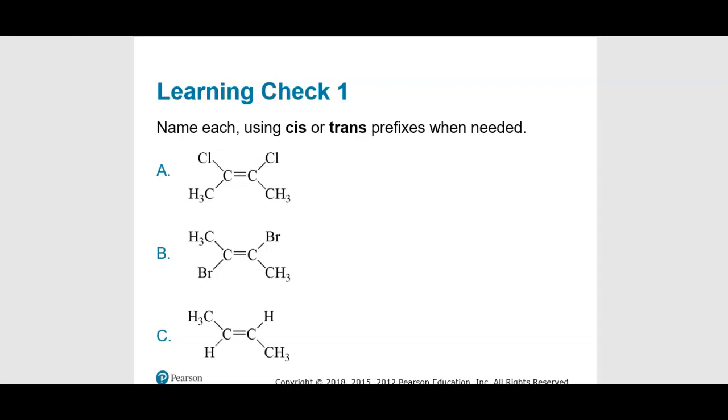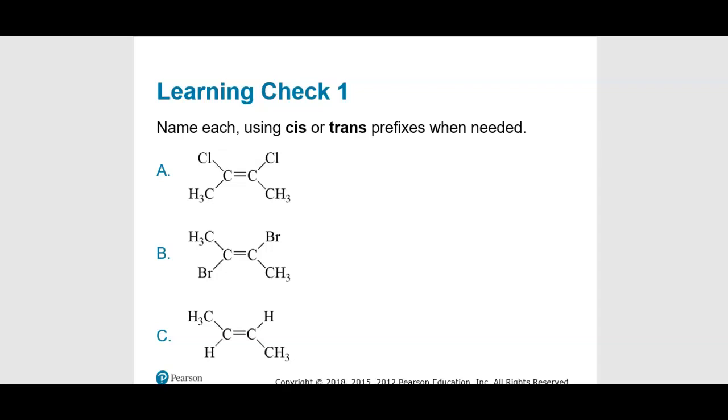So, how are we going to name these things? Well, I hope you can see that all of them are 4-carbon alkenes with the double bond between the 2 and 3 carbons. So they're all going to be 2-butenes. The end of the name is going to be 2-butene.